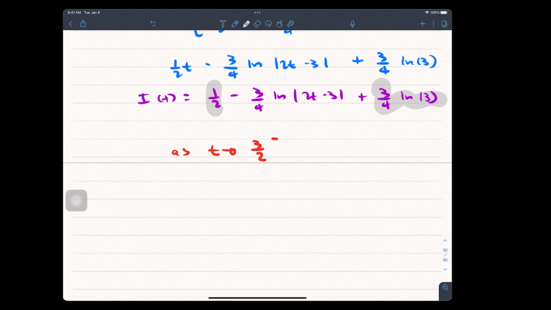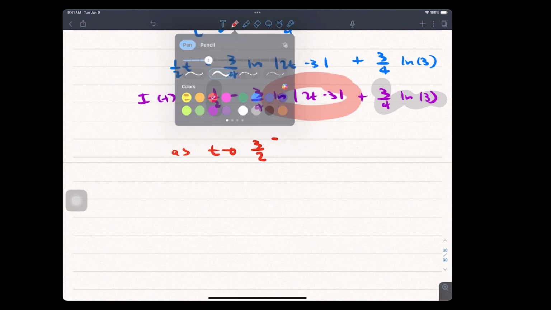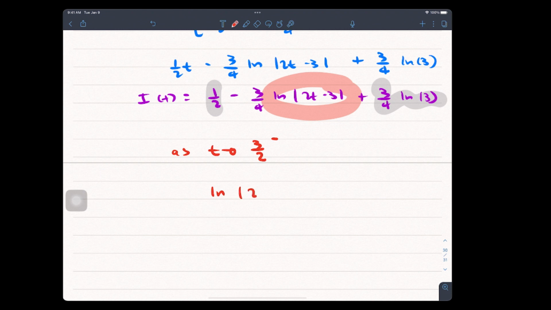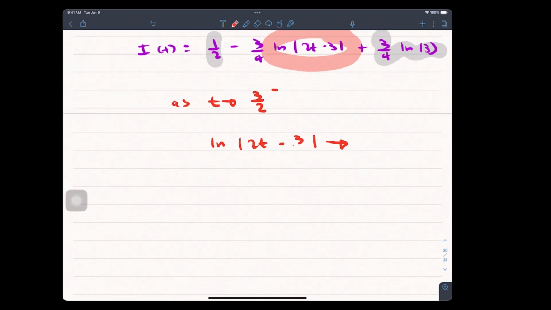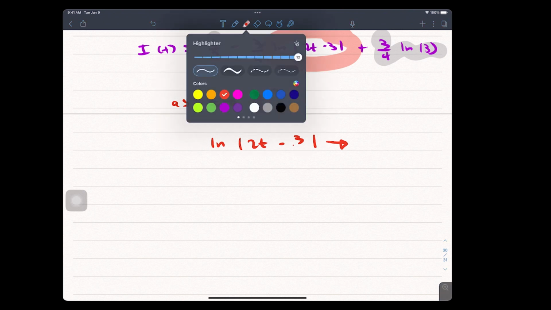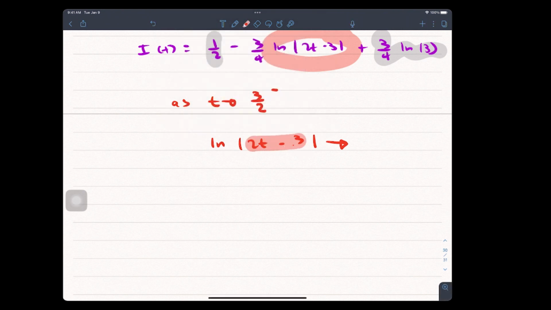What you really need to know is, where does this go to? So natural log of 2t minus 3 goes to what? Do you guys know? I think you have to focus first on 2t minus 3. Where does this go to as t goes to 3/2 from the left?